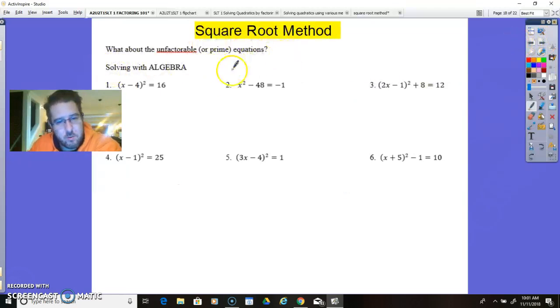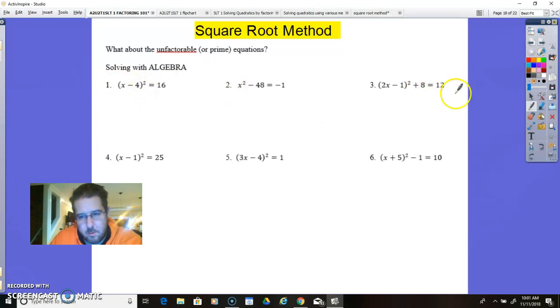Okay, so now we're using square root method. So in this question, perfect example, let me move myself over here. If I take the square root of both sides, so the square root of x minus 4 squared is x minus 4, because the square root of anything squared is itself, because square root and squares, as we had visited before, are inverses of each other.